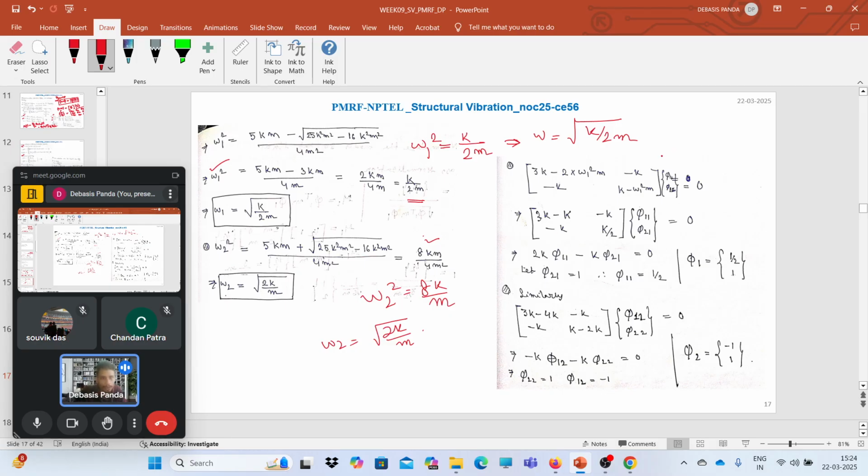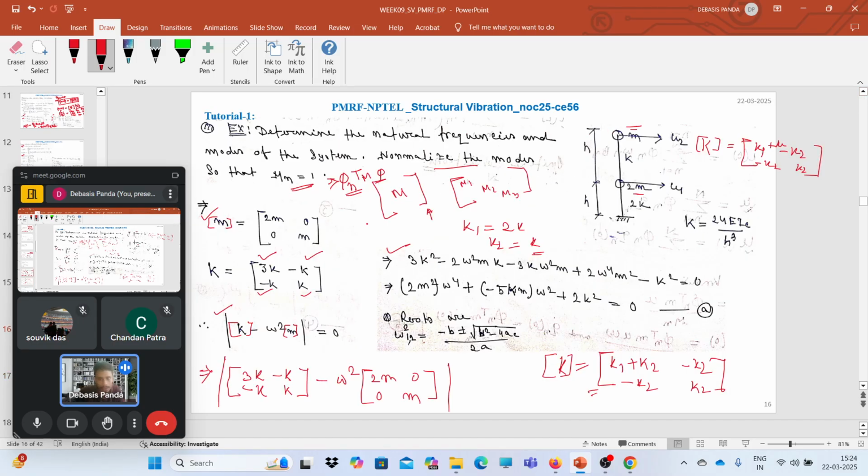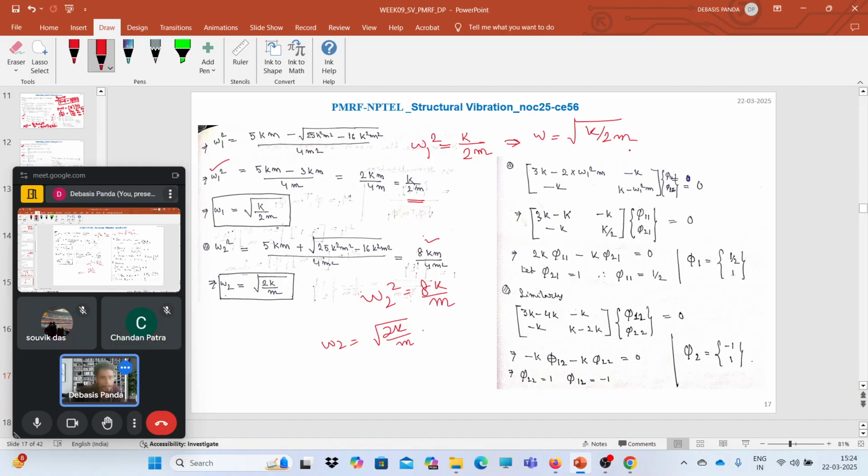So corresponding to omega 1 square, in this equation, instead of omega you write omega 1 square, and then solve the equation, multiplied by the first mode shape, that means phi 1 1 and phi 2 1. Okay. Now if we simplify this, we will be left with this equation.